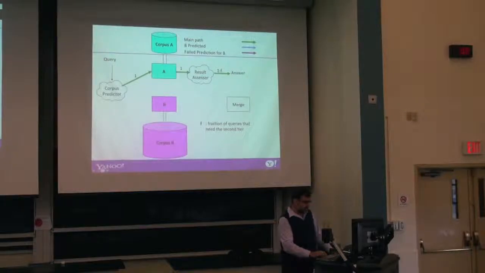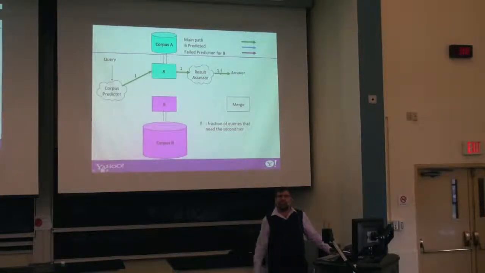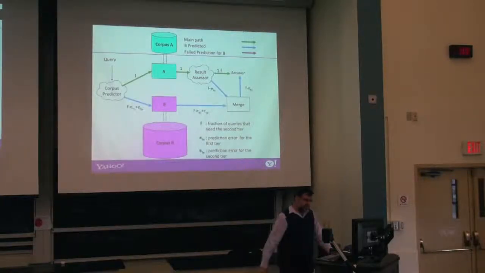So here's the predictor. We'll say this query needs to go to the other index. The green line is the standard path. All queries go to the first index. You need to have some answer. But then we can predict, and the blue path is the ones that we predict need to go to the second index.